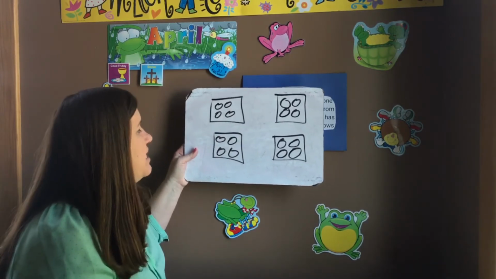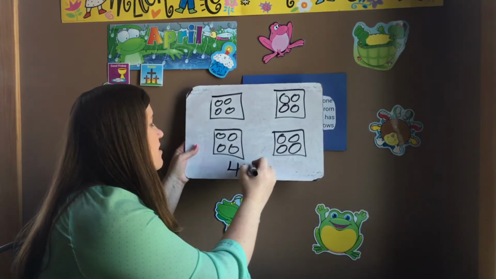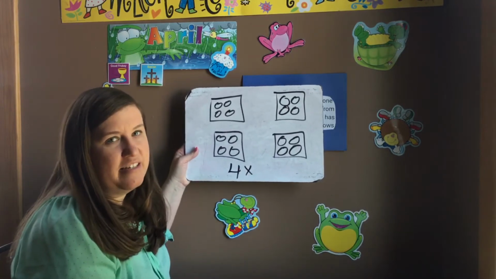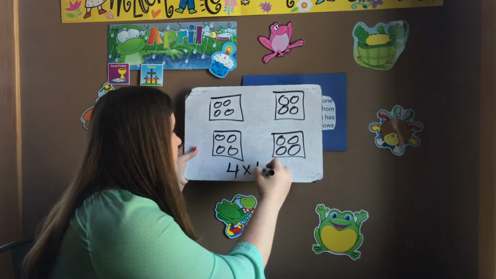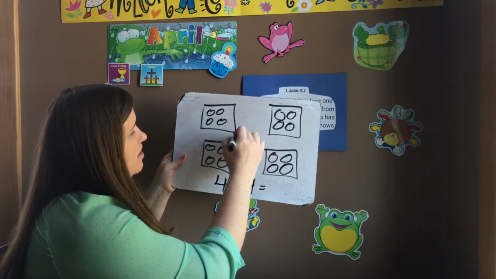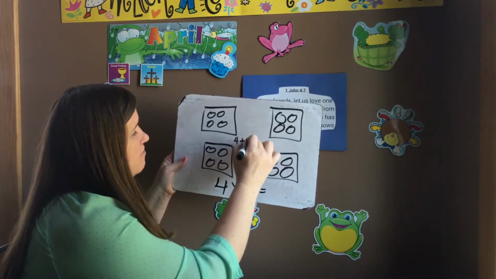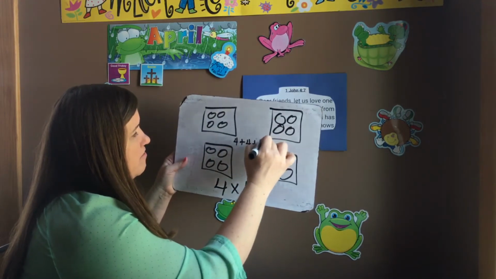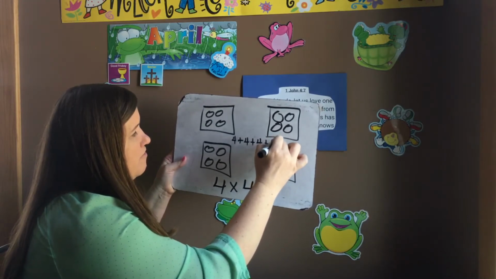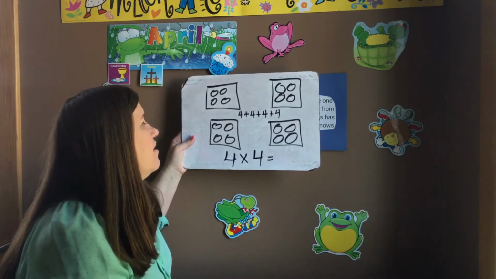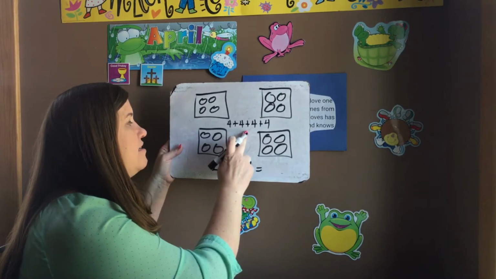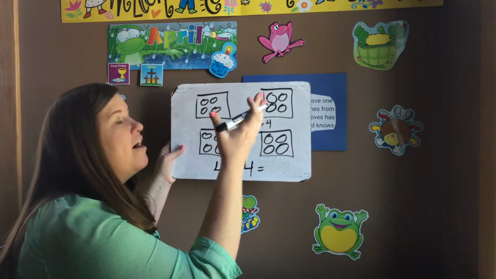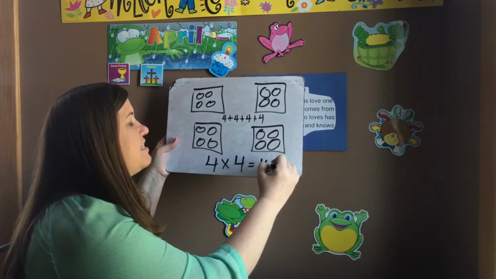Okay, so how many sets? 4. How many were in each set? 4. So this is thinking 4 plus 4 plus 4 plus 4. 4 plus 4 is 8, plus 4 more, 12, plus 4 more, 16.